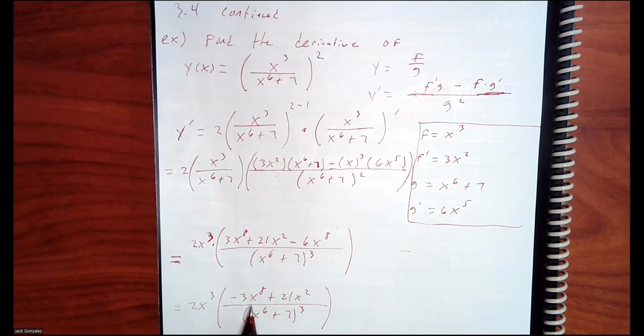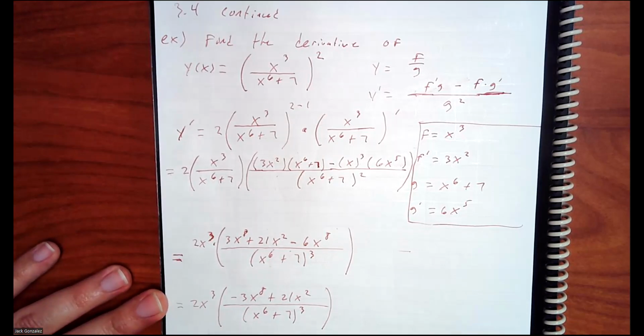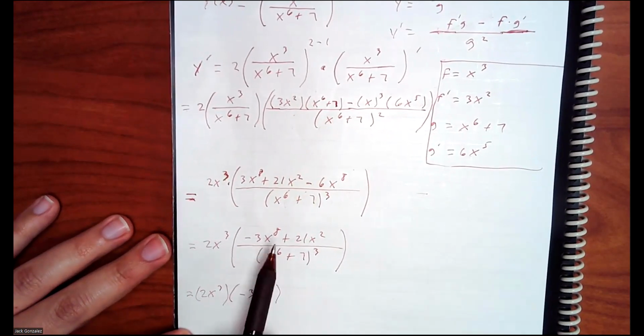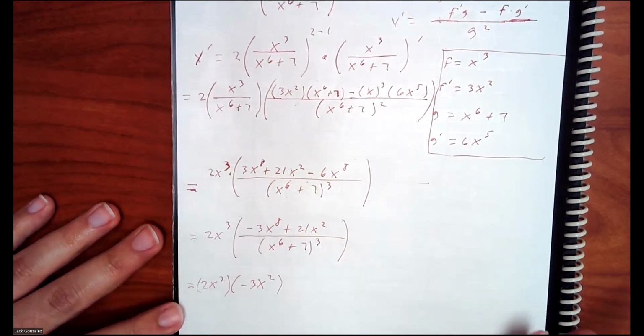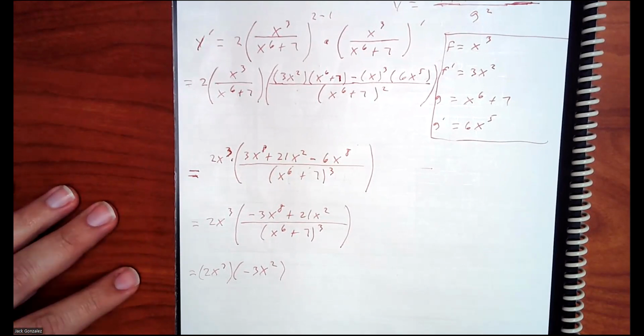Could pull minus 3 out, I guess. I'm just wondering, that would still give us a minus inside the parentheses. Yeah, I mean, you don't have to pull out the minus. I pulled out the minus just because I wanted the leading term positive. Yeah, it's just personal preference. It's not necessary.